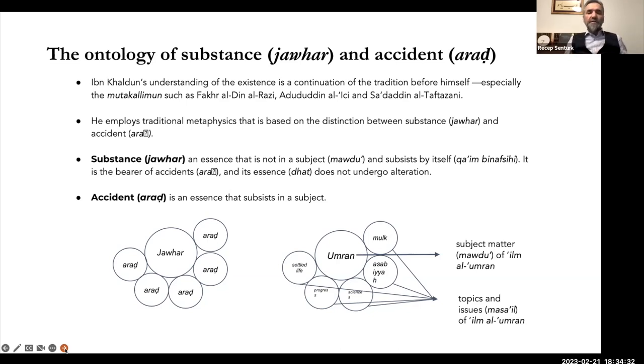So Ibn Khaldun's understanding of existence is a continuation of the tradition before himself, especially the mutakallimun, such as Fakhruddin Razi, Adududdin al-Iji, and Sa'duddin Taftazani. As we have mentioned in the first lecture, he is an Ash'ari. He follows the Ash'ari philosophy, and he follows the Maliki fiqh.